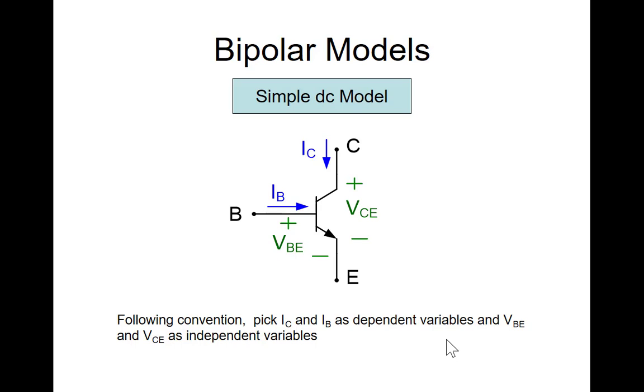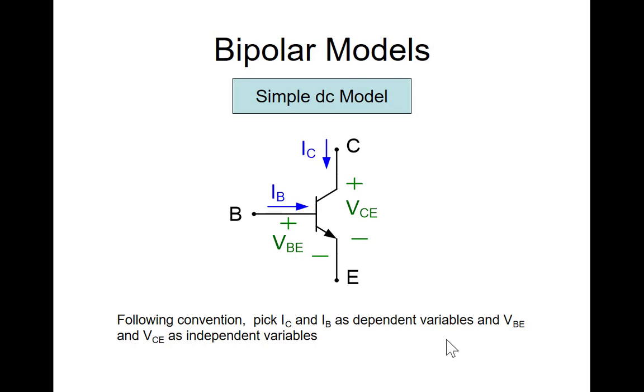So the convention we're going to follow is to pick IC and IB as the dependent variables and VBE and VCE as the independent variables. VCE hasn't appeared in anything yet. It's exactly what we did for the MOSFET. We treated the port voltages, VDS and VGS, as the independent variables, and the port currents, the drain current and the gate current, as the dependent variables.